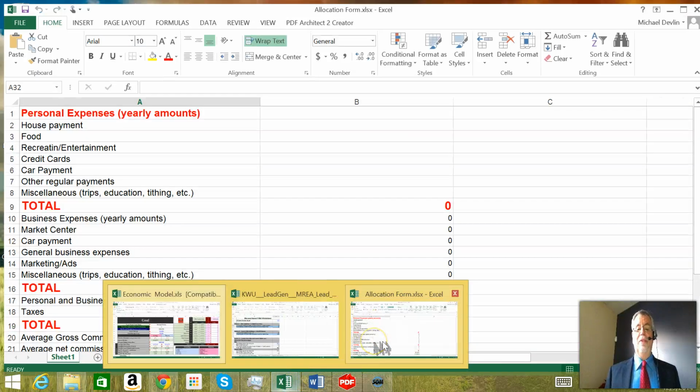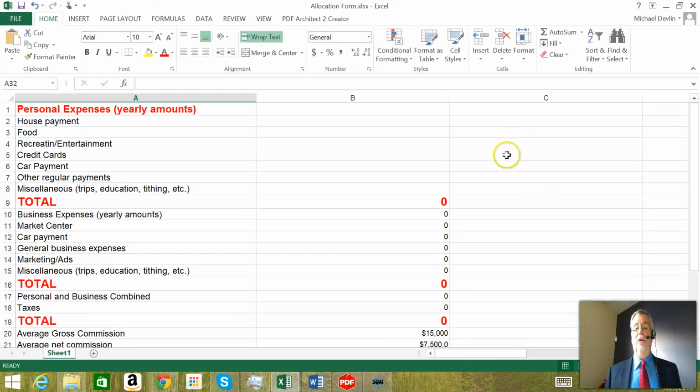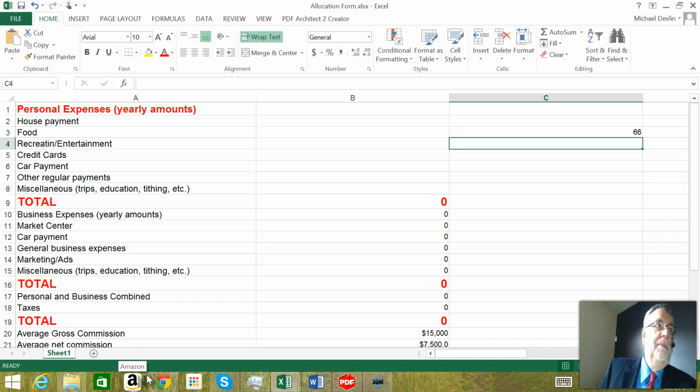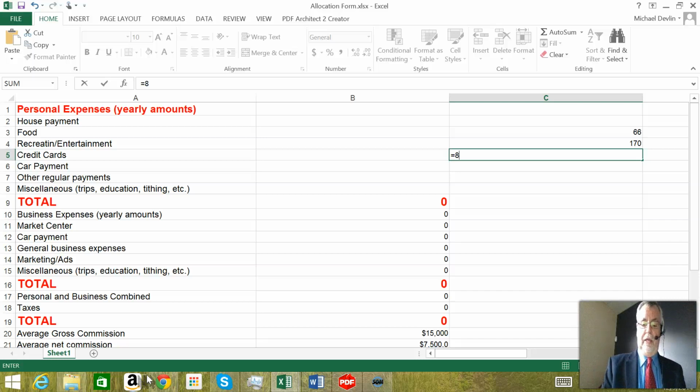Let me do this. All right, so if we were to take $66, which is what it costs per month in the MLS if you pay them on a quarterly basis. If you pay them in a lump sum, it's $54 a month. So 170 is for the market center. What is this equal, let's say 800 divided by 12?